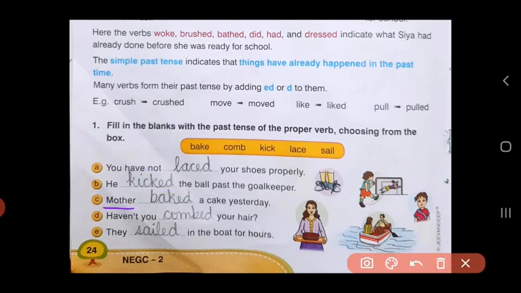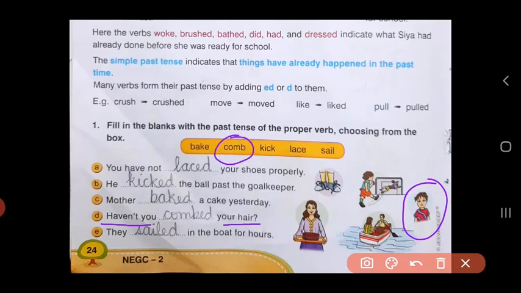C. Mother dashed a cake yesterday. The verb is bake. Past tense will be baked. D. Haven't you dashed your hair? The verb is comb.